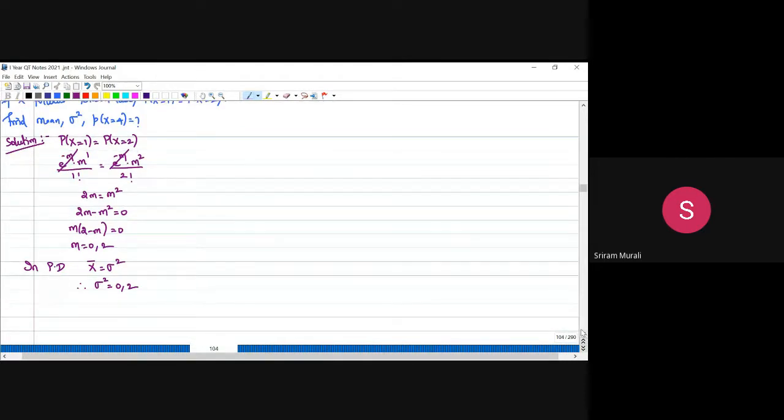You have to find the probability of x is equal to 4. It is e power minus 2, 2 power 4 by 4 factorial. You should know the value of e power minus 2.